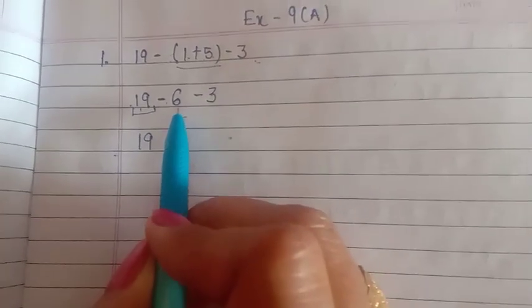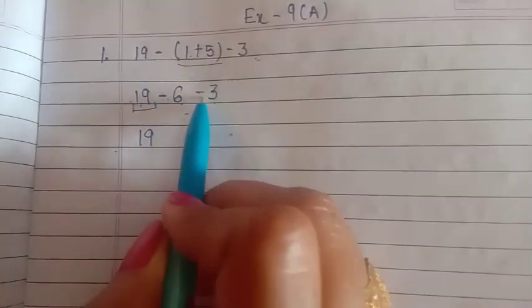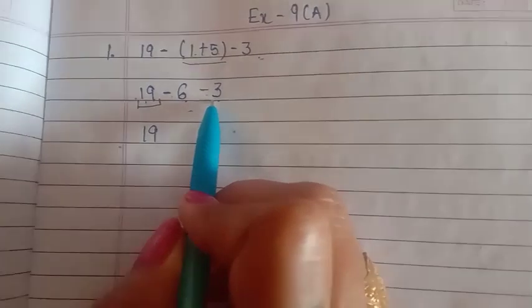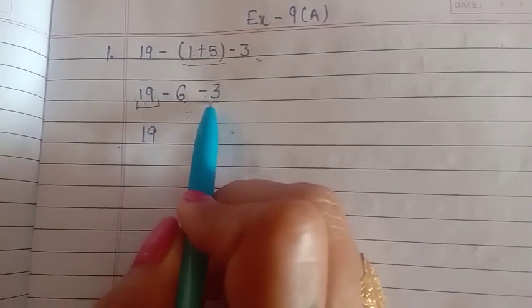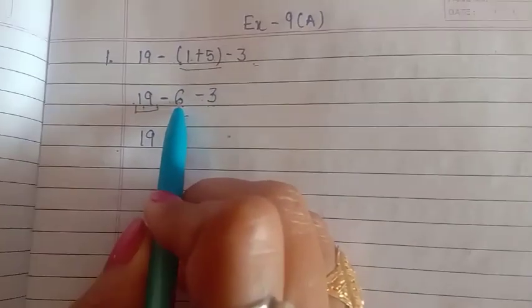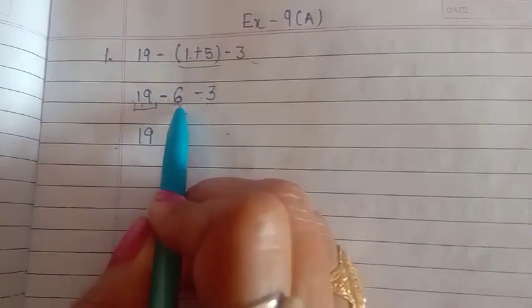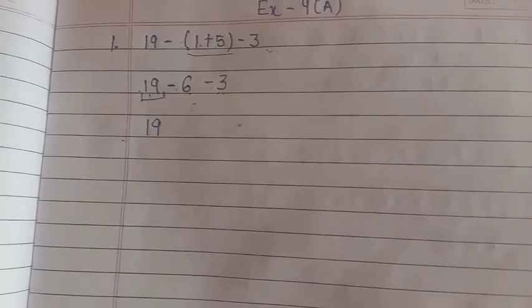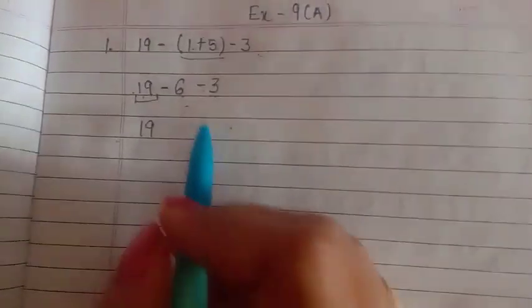But if you check 6 and 3, both are negative numbers. So we can say that both are from the same team. So they will not fight with each other. Whenever they need to fight, they will collaborate with each other. They will come together to fight with the enemy.